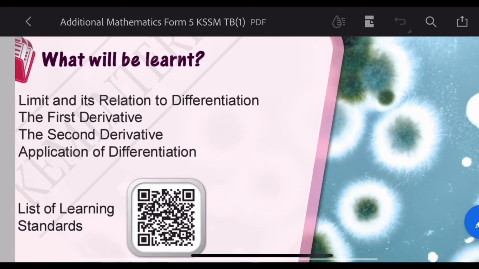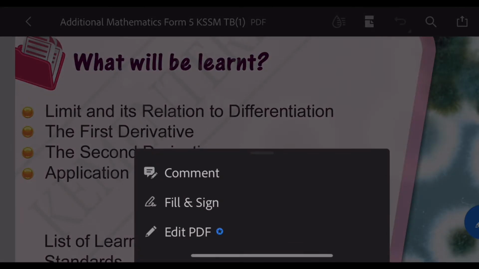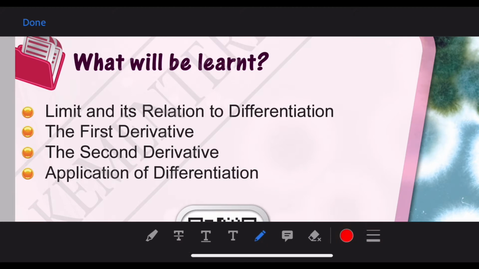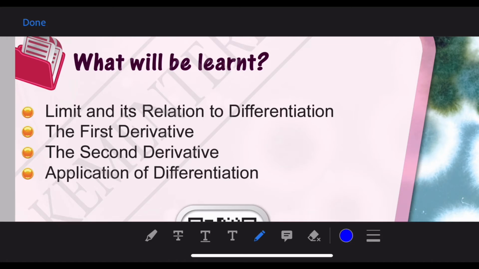Differentiation is actually a very interesting topic, but some of you might think that this topic is a bit challenging. It's okay, let's go through it again, because I think last year you learned it but you've forgotten everything, right? Normally for differentiation, the first topic that you need to know is limits.